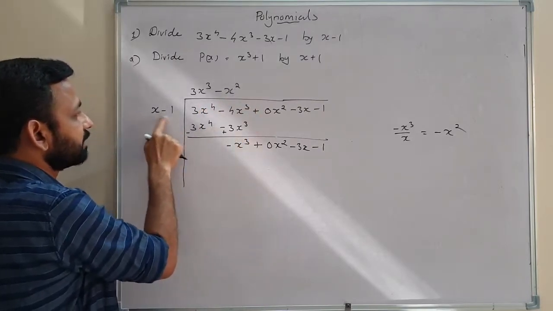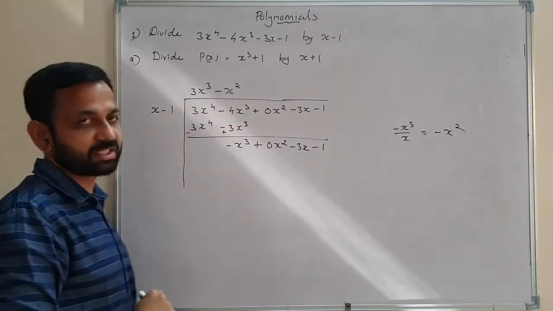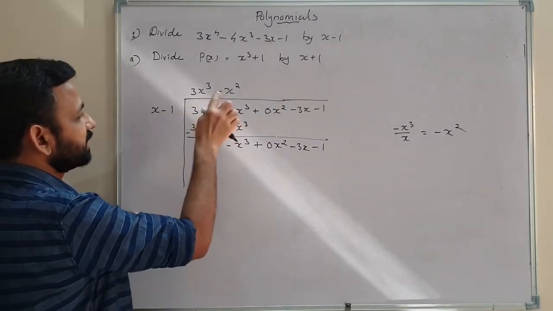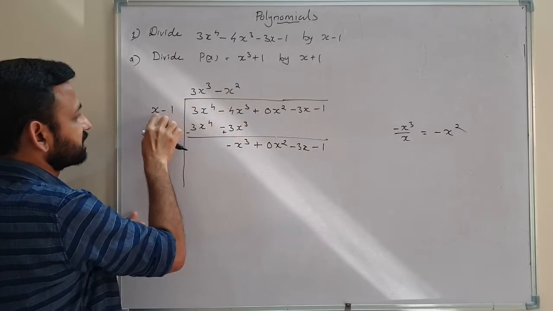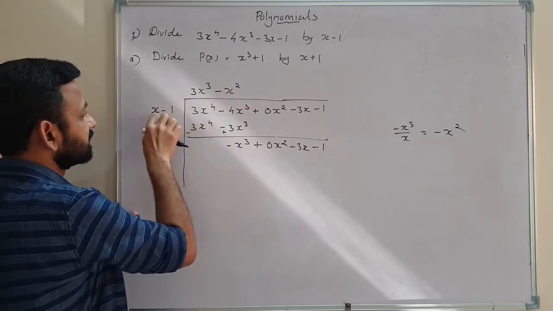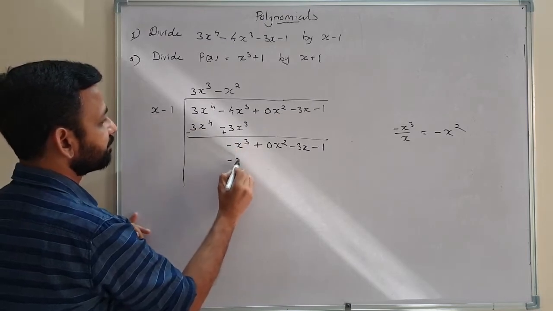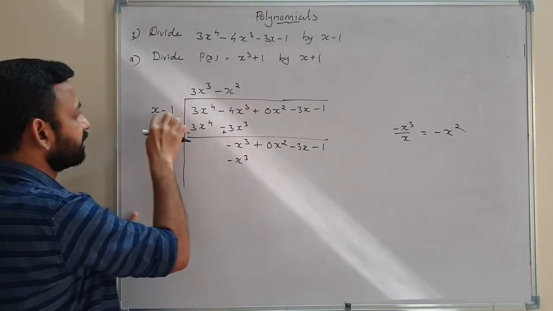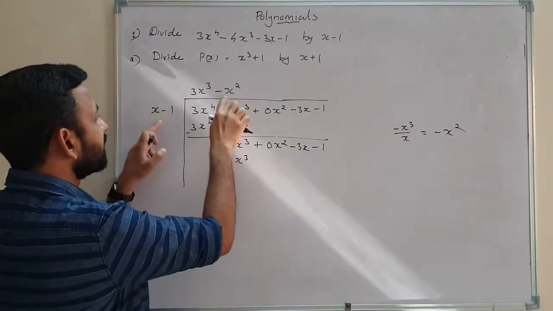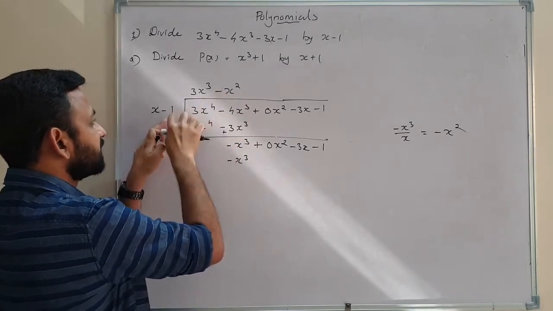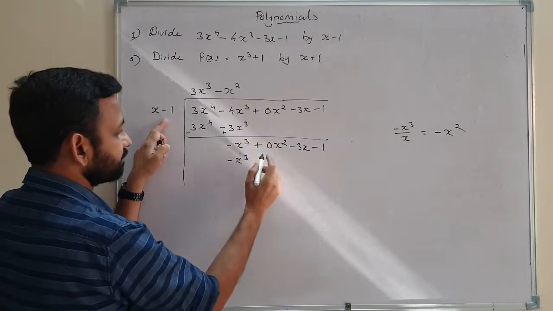Now we have to multiply both the terms by minus x square. Minus x square into x is minus x cube, right below the x cube term. Then minus x square into minus 1, that is minus into minus plus, plus x square, right below the x square term.